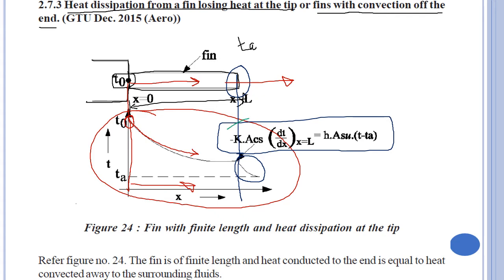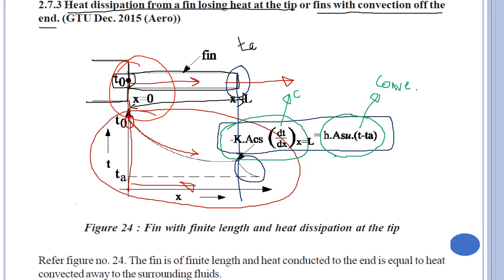So you can see minus K A dT by dx at x equals to L, this is Fourier's law, that is a conduction, and it equals h into surface area into (T minus Ta), this is a convection. So the first boundary condition known to us is when x equals to 0, T equals to T0.